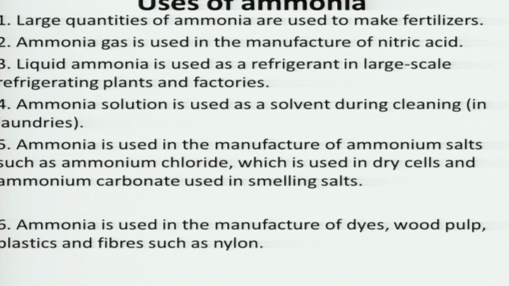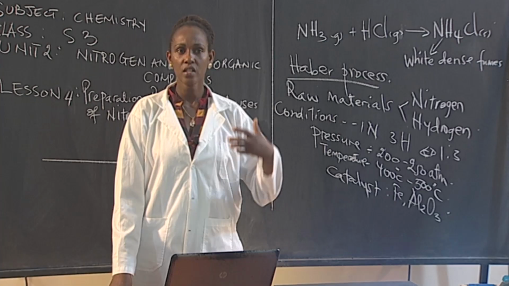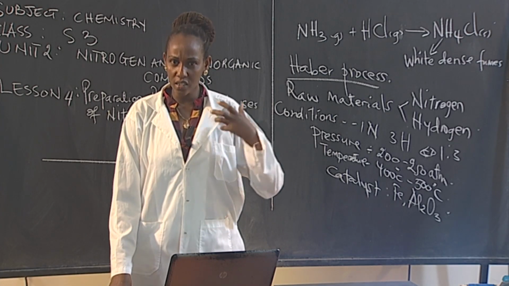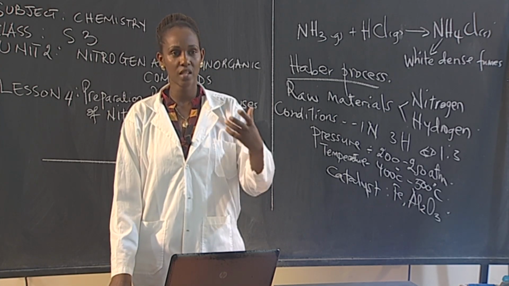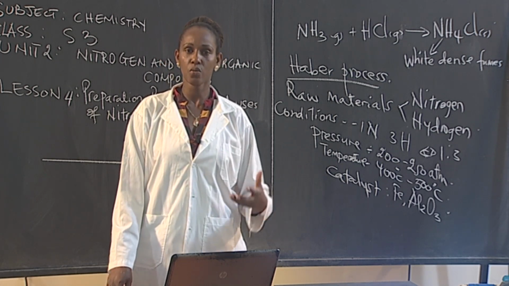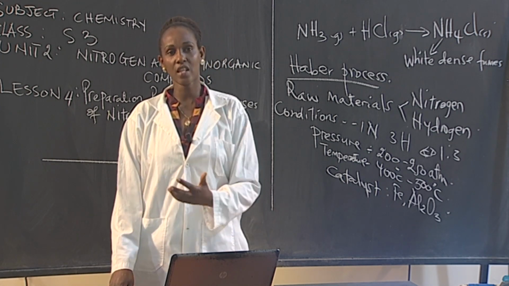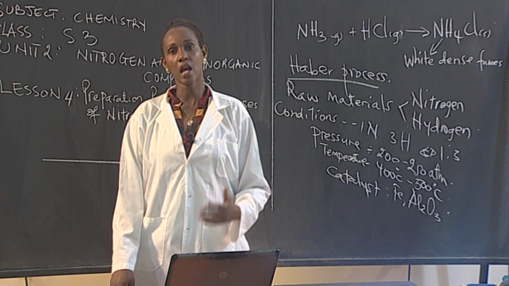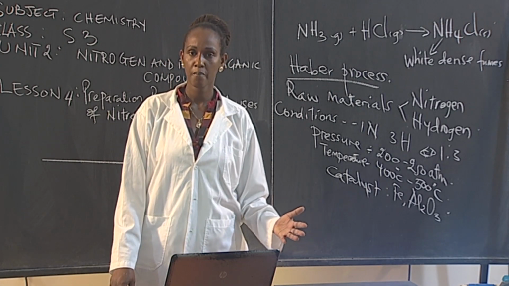from there, after we have learned the uses of ammonia, when you are here in class, you should always continue to keep in mind the objective of the lesson. You remember, when we were starting the lesson, we said that at the end of this lesson, you should be able to tell the preparation of ammonia.